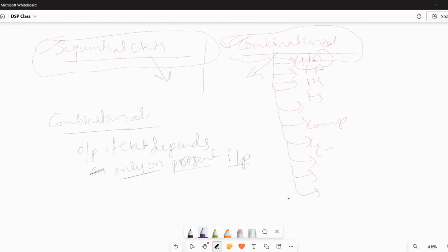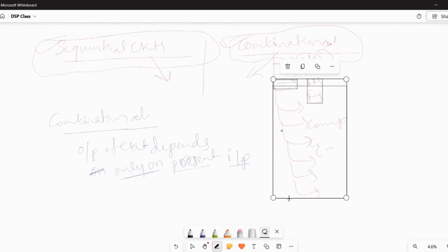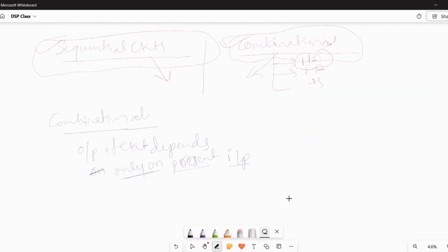What I said: only on the present input. In a sequential circuit, the output of the circuit depends on present and previous.